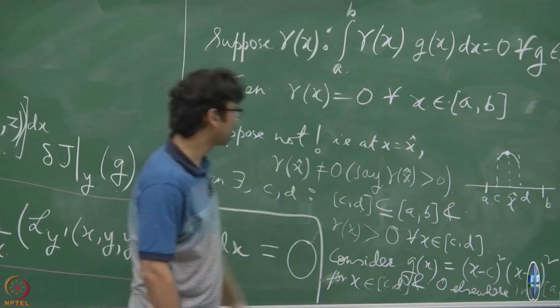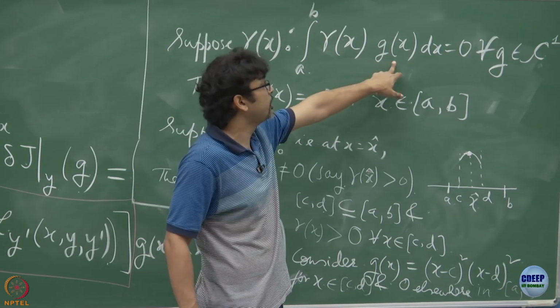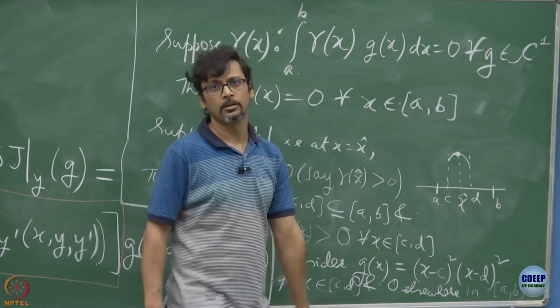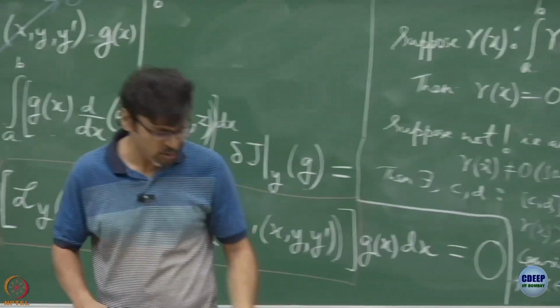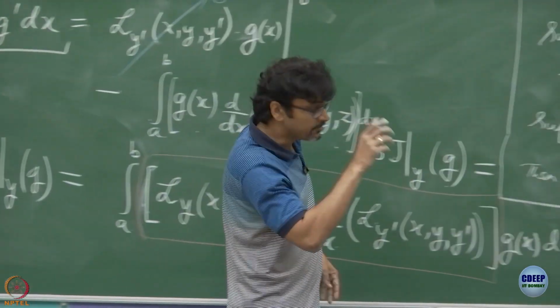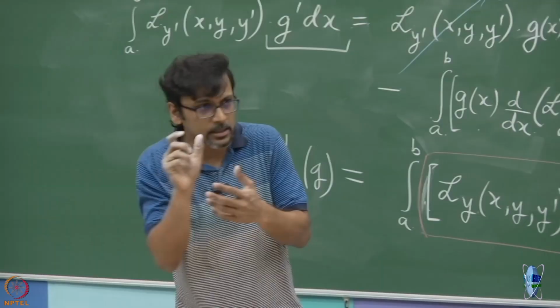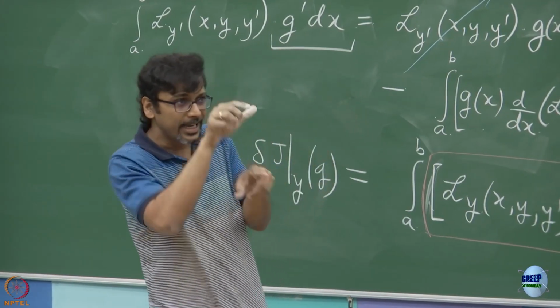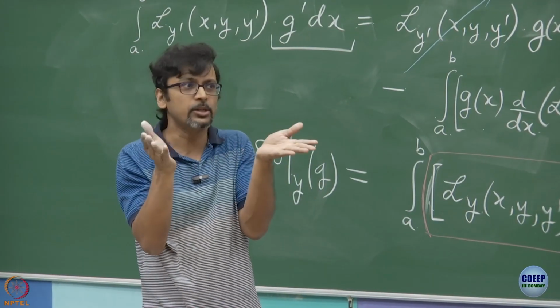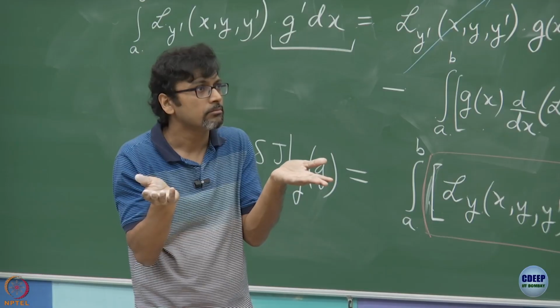So this is a continuously differentiable function, and therefore when you choose such a g here, this must also vanish. The question is, can it possibly be true? See, this function g is like a filter. It is picking out whatever business is being carried out by gamma in the interval c to d. Outside of the interval c to d, it doesn't care.